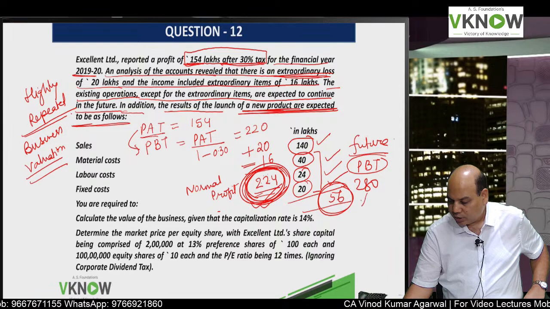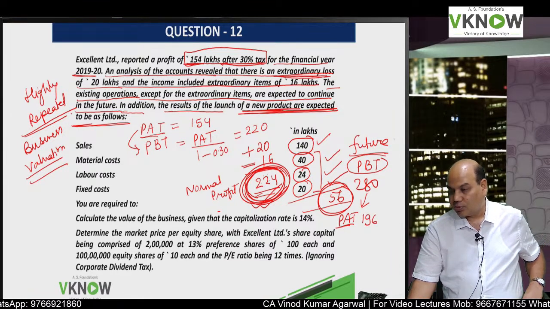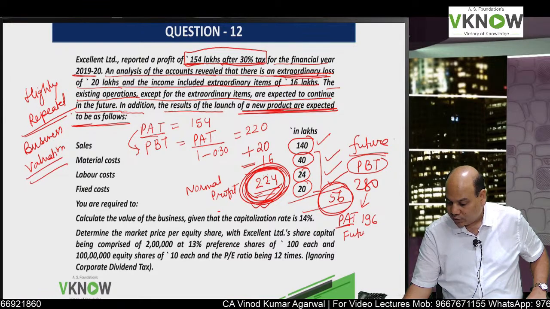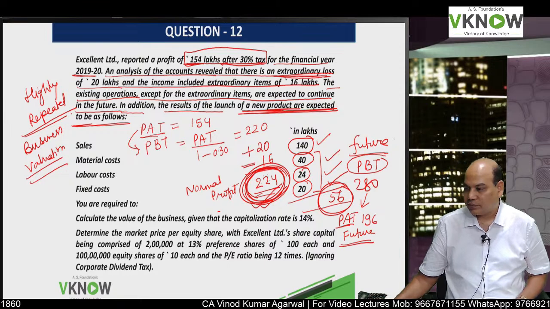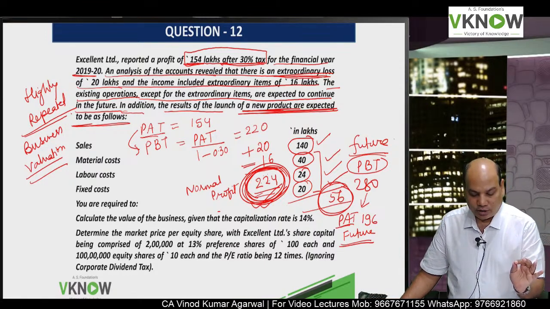And then you will convert it into profit after tax in future by deducting 30%. After you deduct 30%, this will be 196. So this is called future maintainable profit after tax.